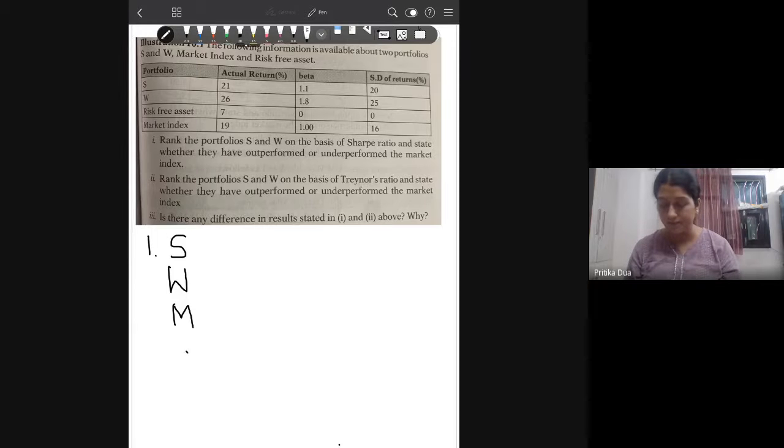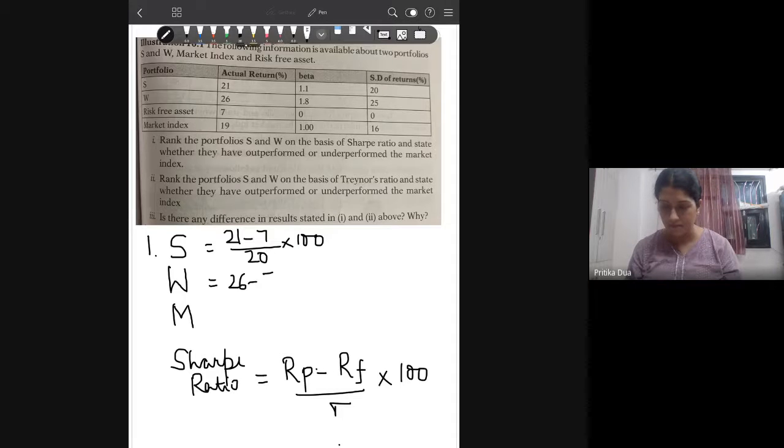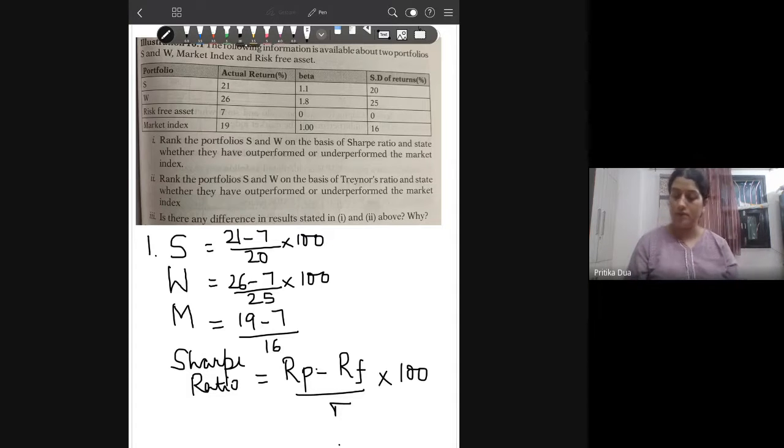So the formula, so please calculate, see what is the answer coming to for the three.